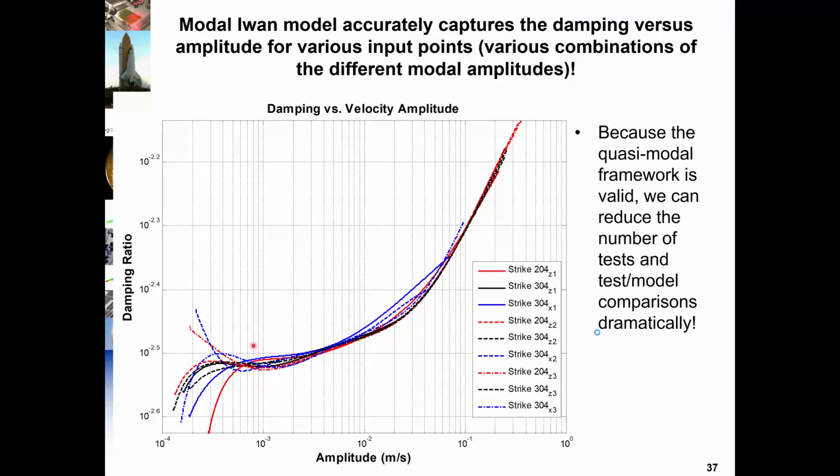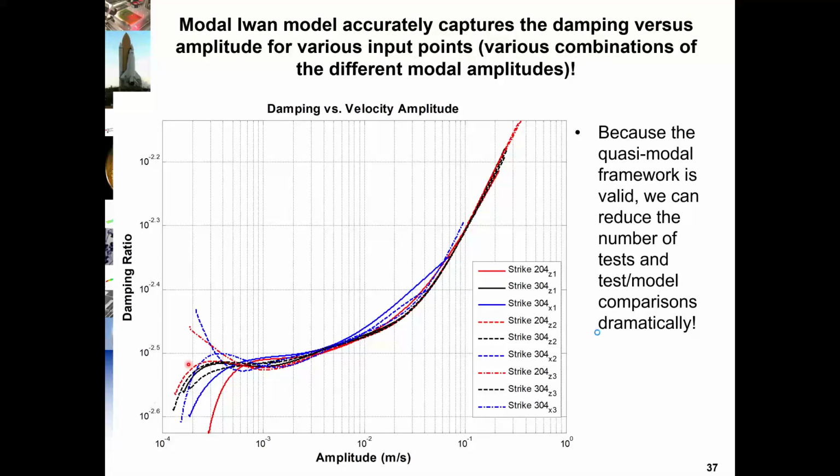And if we look at a particular mode, using various different force levels, various different places to excite it, we saw pretty consistent behavior, which tells us that for this structure, we only need to worry about one mode of vibration and its amplitude. And if we knew the vibration amplitude, we would know the damping, and we could get a good understanding of what would happen.